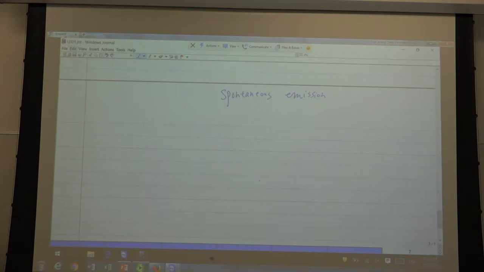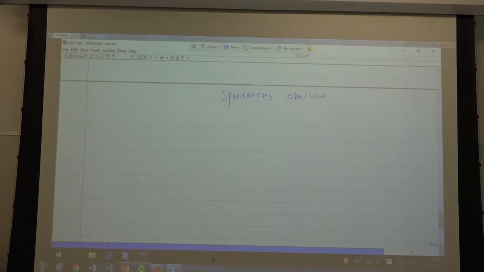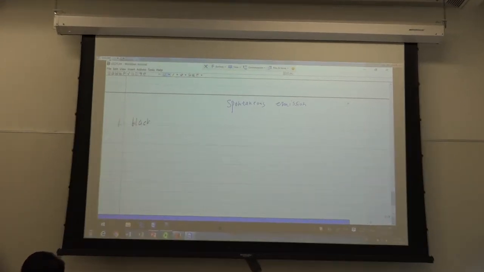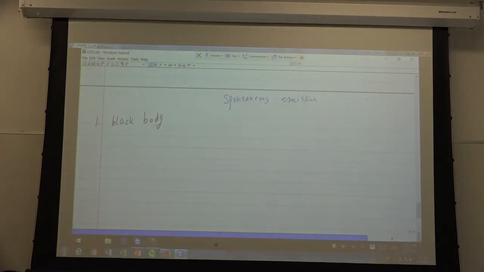In the last lecture we talked about spontaneous emission and black body radiation. I would like to talk about black body radiation first. So, black body. What's a black body? A black body has a very important feature: at thermal equilibrium, the black body has a temperature, and at that specific temperature it emits electromagnetic wave.